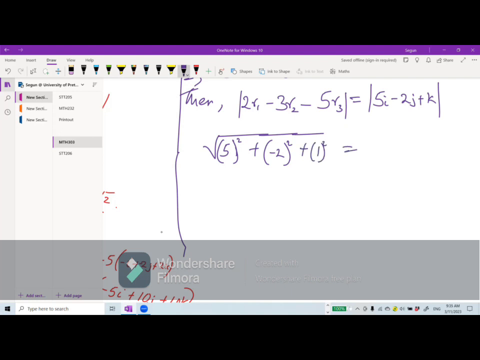So at the end of the day, you have the square root of 25 plus 4 plus 1, which is the square root of 30. Can we also break this down? You can check. You will see where it leads us to.